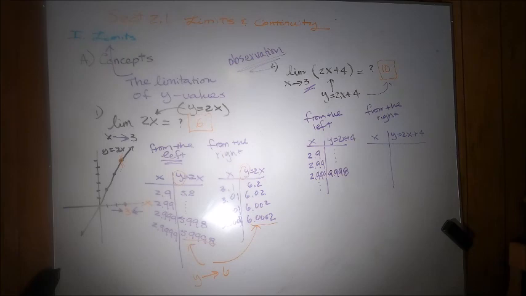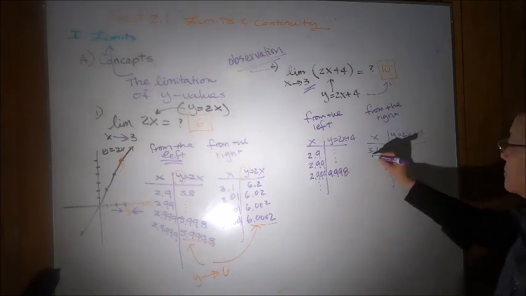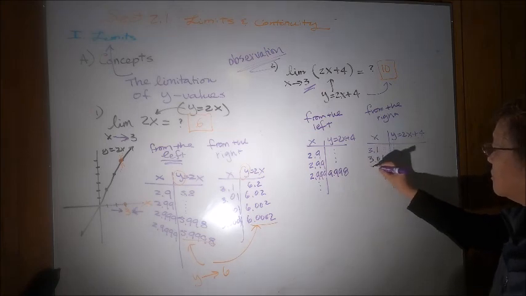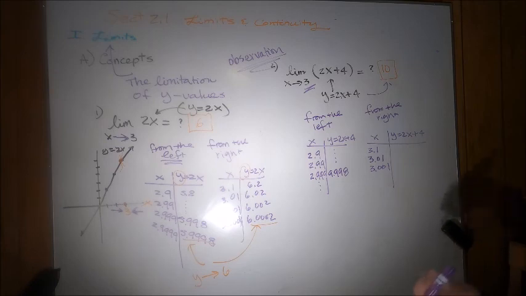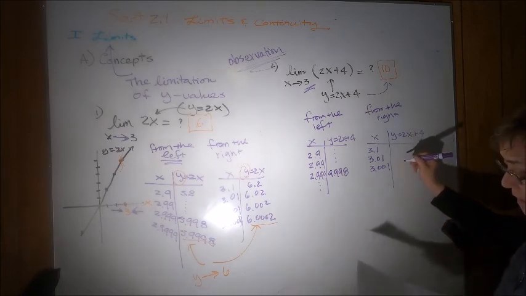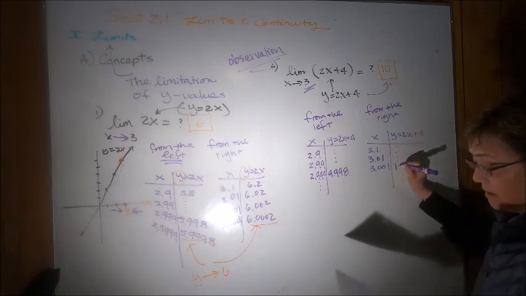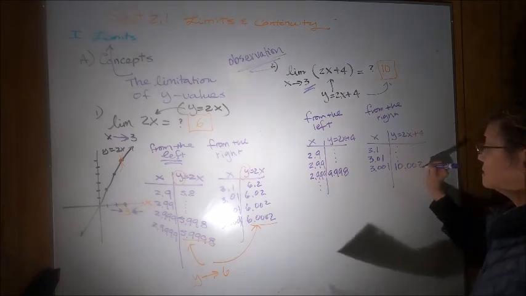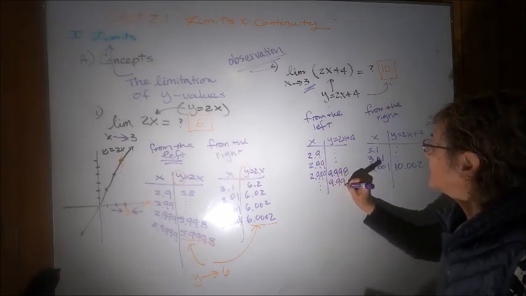If we observe it from the right-hand side, what kind of numbers should we use? Approaching 3 from the right-hand side means bigger than 3, like 3.1, but getting closer to 3, so smaller and more close to 3. You plug in and you will have certain numbers. Then the next number, 9.998?